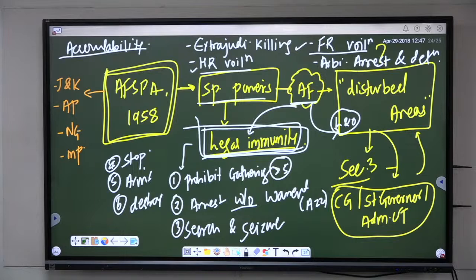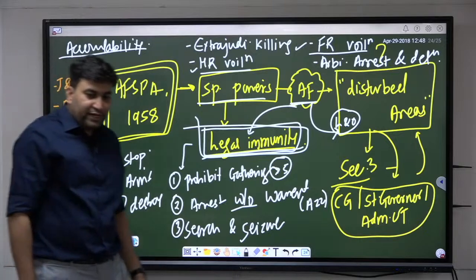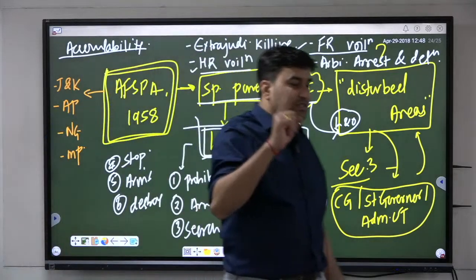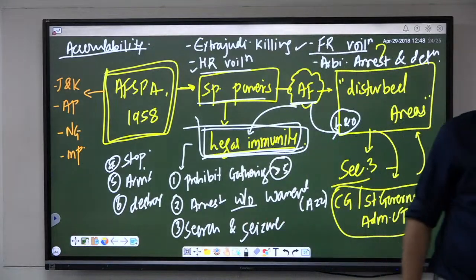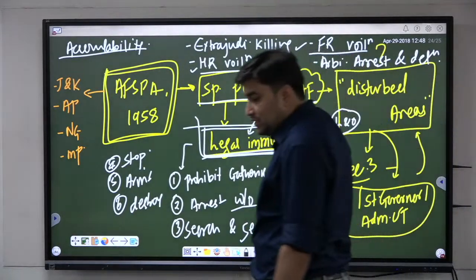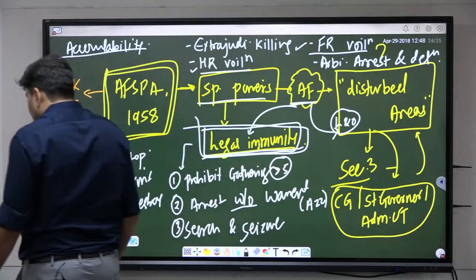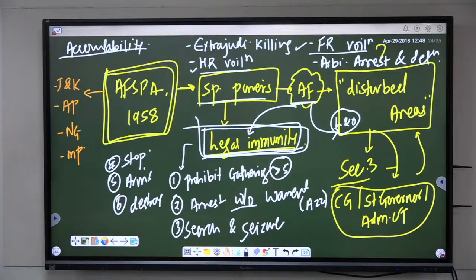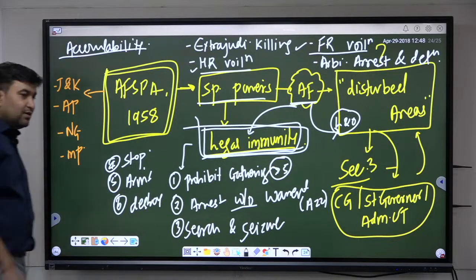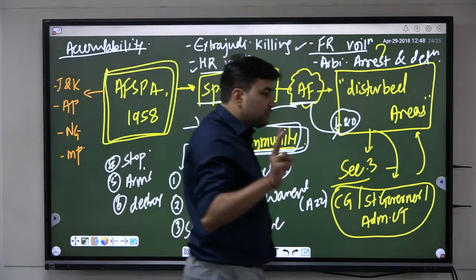Next point. Significance or need of AFSPA. These are the powers. Next point is the significance or need of AFSPA. First point, why is it needed? To deal with the insurgency in the Northeast and Jammu and Kashmir. Second, to deal with extraordinary law and order situations.